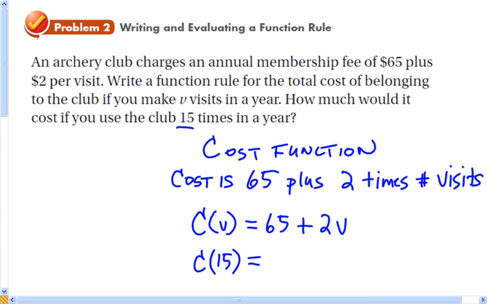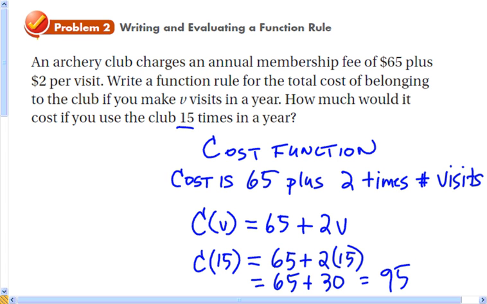It's shorthand for writing that, and we can evaluate that just by substituting 15 for V in our equation. So we want to do 2 times 15, and that's equal to 65 plus 30, which is 95. So if you use the club 15 times a year, it will cost you $95.